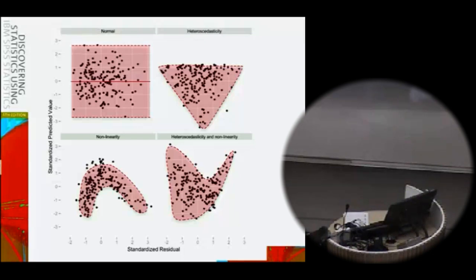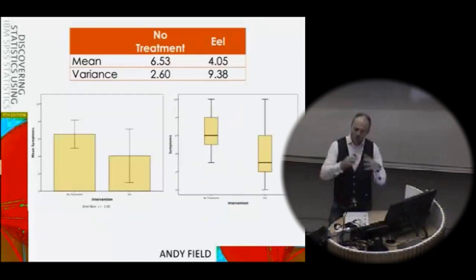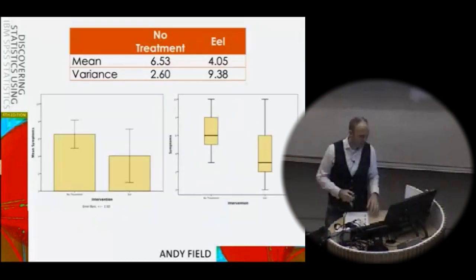So this would be an example of where we'd violated the assumption of linearity. And if you're really unlucky and you violate the assumptions of homoskedasticity and linearity, then you get this peculiar, bendy sausage funnel weird thing. Like I said, I'll come back to that when we talk about regression, but I just want to flag it here so that you hopefully remember we're talking about the same thing.